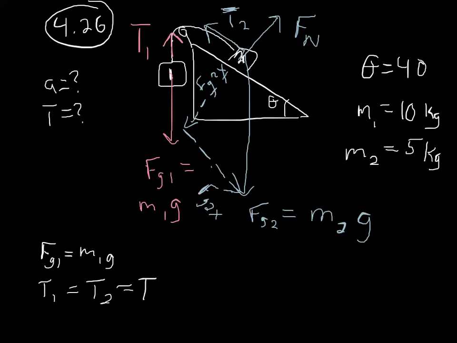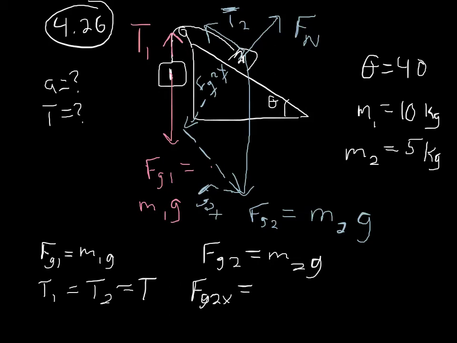We can do FG2. FG2 is equal to M2 times G. What else? We have components, FG2 in the x direction.